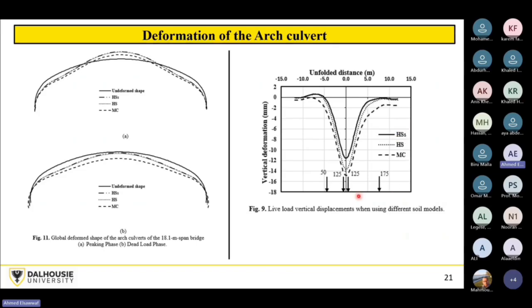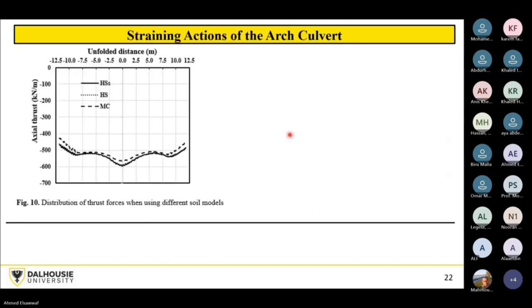So the HSS model, at some strain and stress levels, will have a stiffness that's higher than the HS model. Of course, I know that all of you know about this, but just in case, higher stiffness means less deformation. So that's why you see the difference between the three models.